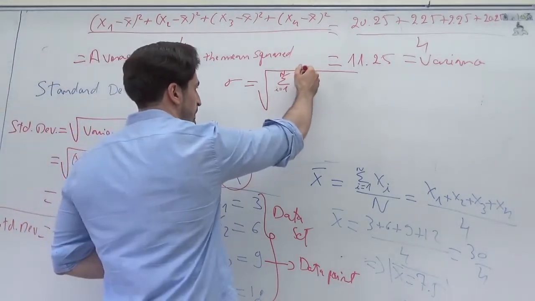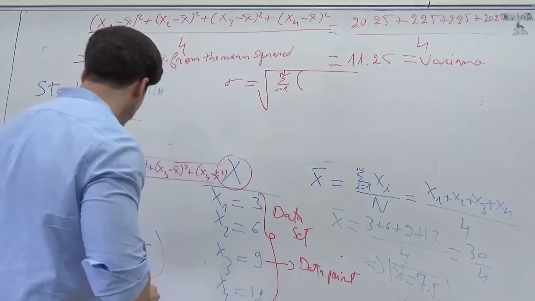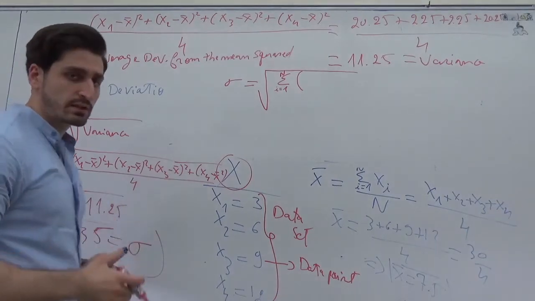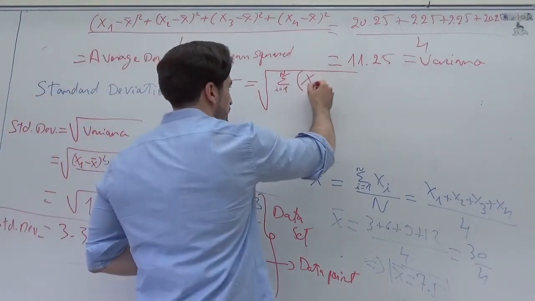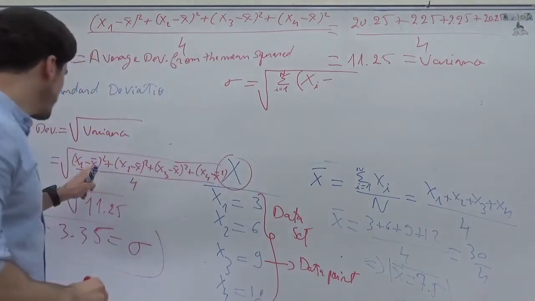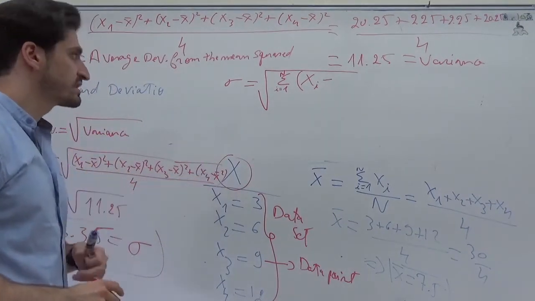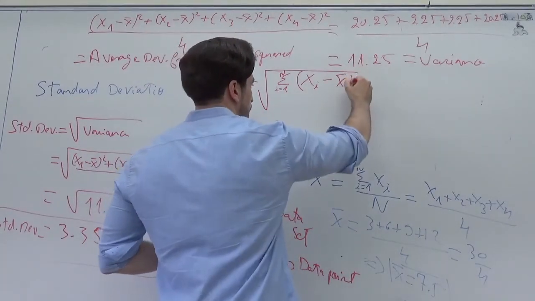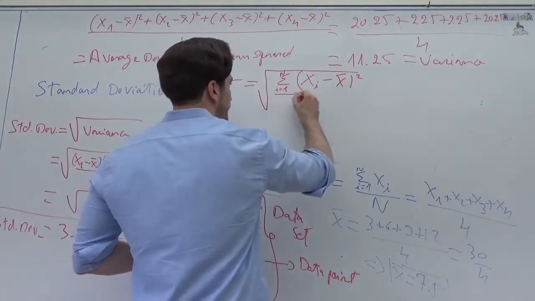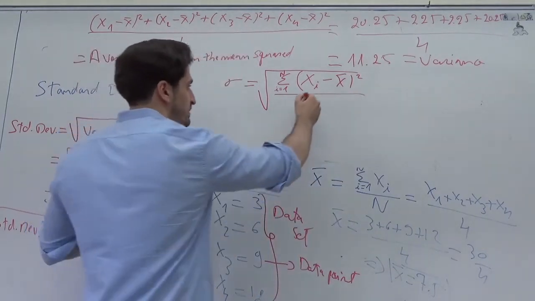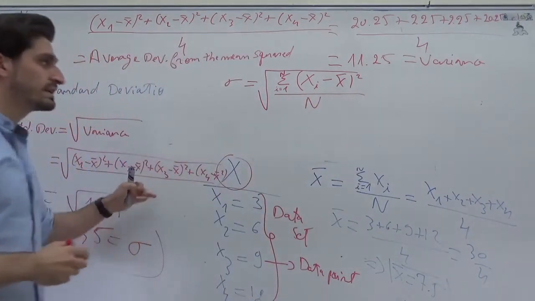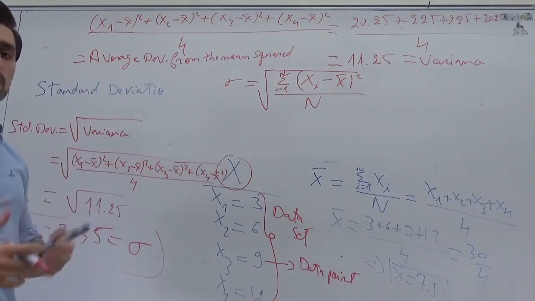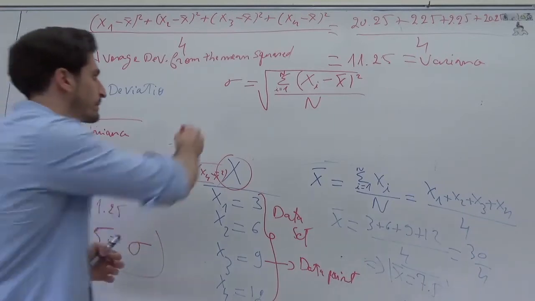Summation of what? We open the parenthesis, summation of each individual value or each individual sample that we have, xi, minus the common term that we have over here, which is the average value, which is x bar. So (xi minus x bar) squared, divided by the total number of trials, which is n. And that would be the general equation of the standard deviation if you have n number of trials that you need to account for.